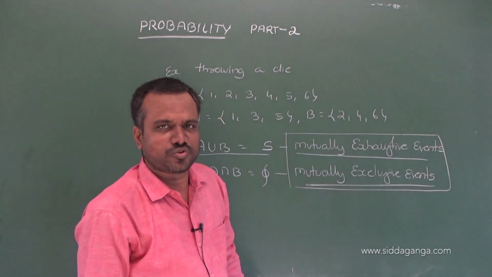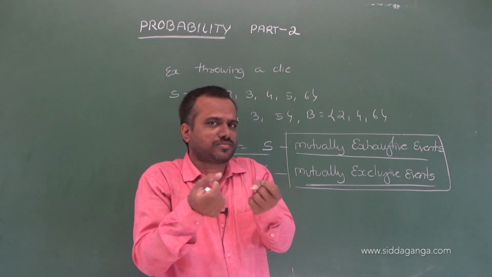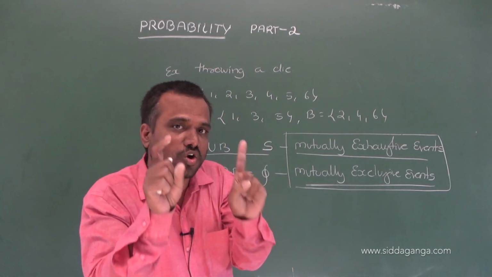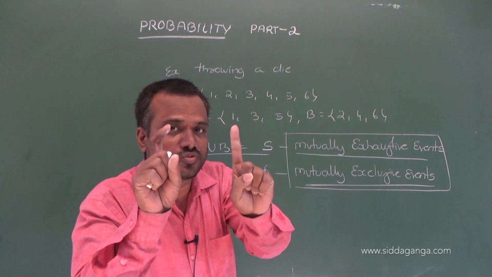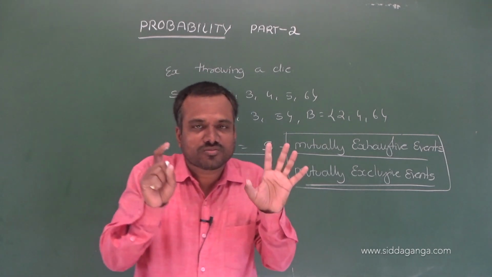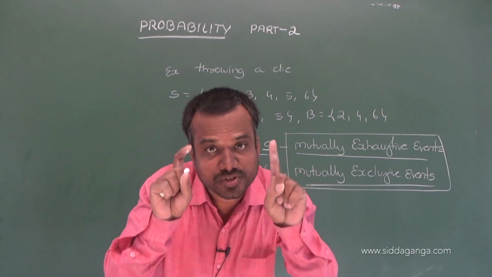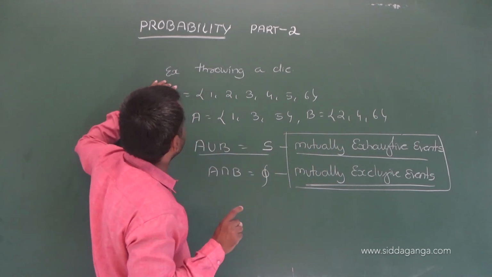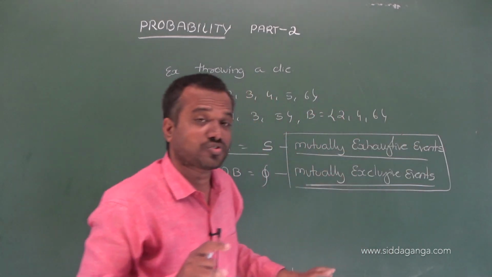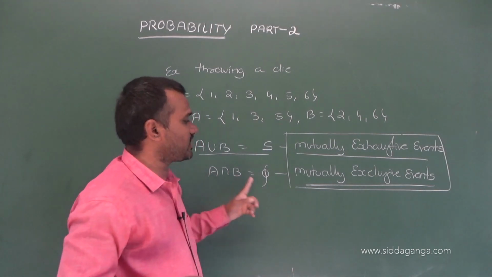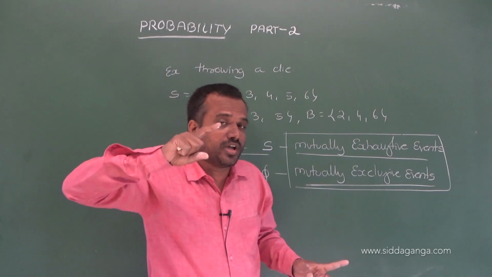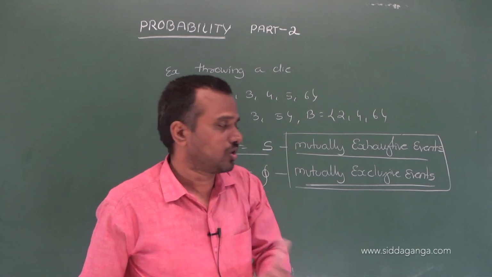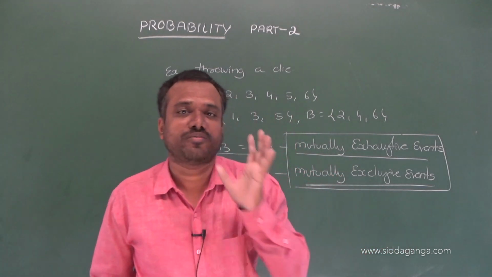Mutually exhaustive events: if the union of the events is equal to the sample space, then those events are called mutually exhaustive events. If the intersection of the events is equal to the empty set, then those events are called mutually exclusive events.